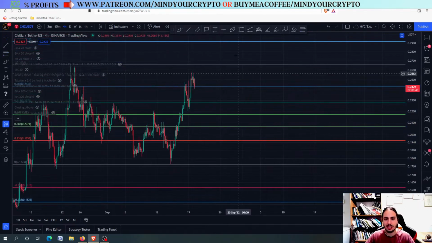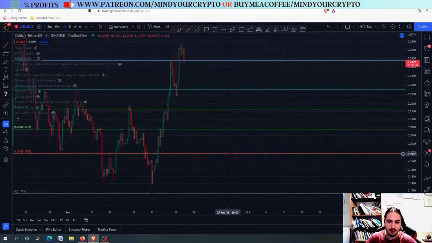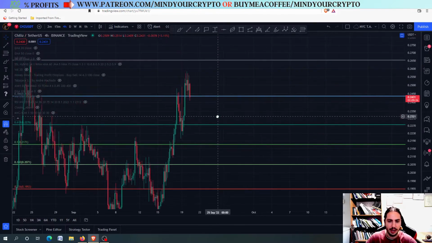Now, in the Fibonacci retracement, you can have many Fibonacci levels. The most important are the 0.236 Fibonacci level, this orange line, the 0.382, the 0.5, the 0.618, and the 0.786. The 0.786 is the most important level in the crypto market. Yeah, that's right.